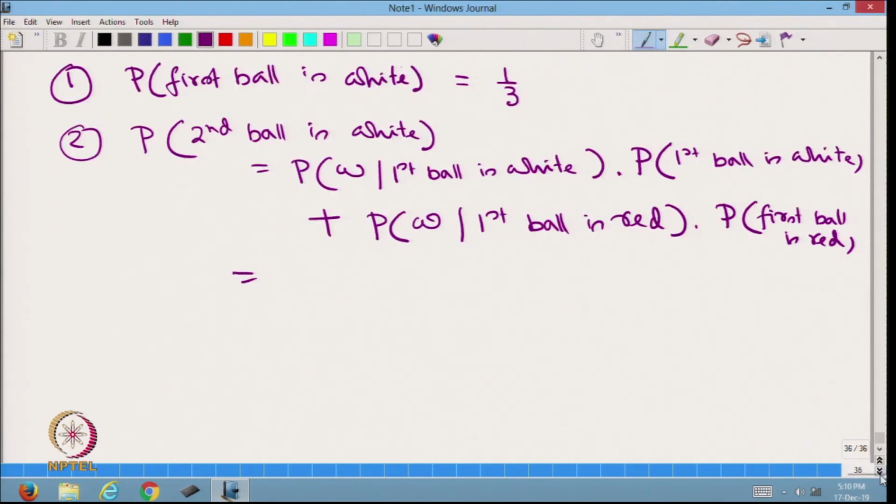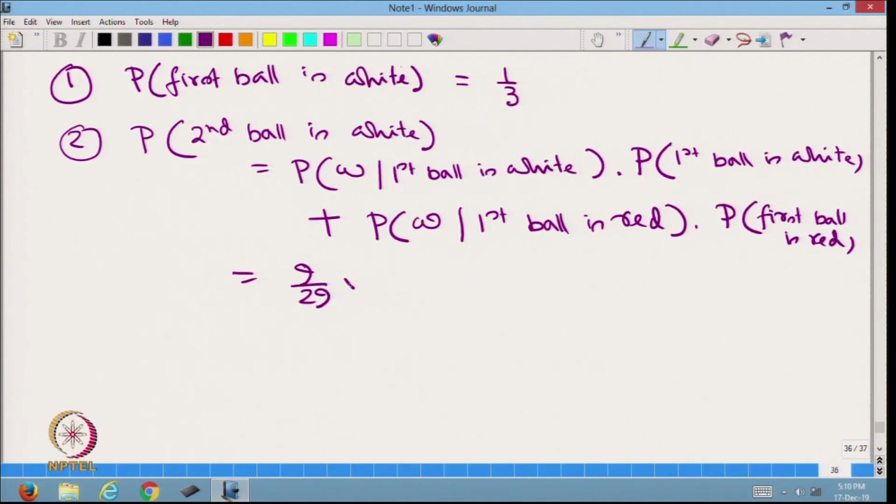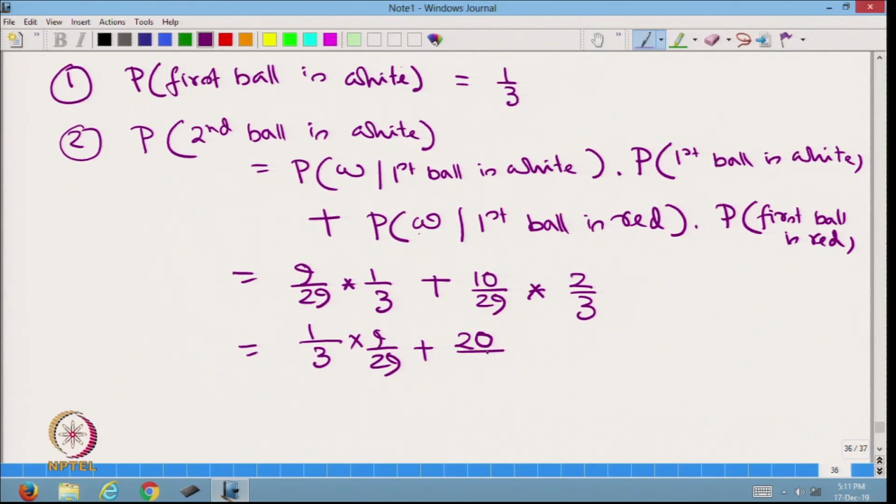so probability of white given the first ball is white is equal to 9/29 into probability first ball is white is equal to 1 by 3, plus probability second ball is white given first ball is red is equal to 10 by 29 multiplied by probability the first ball is red, which is equal to 2 by 3, is equal to 1 by 3 into 9 by 29 plus 20 upon 29 into 1 by 3, is equal to 1 by 3 into 29 upon 29, is equal to 1 by 3.